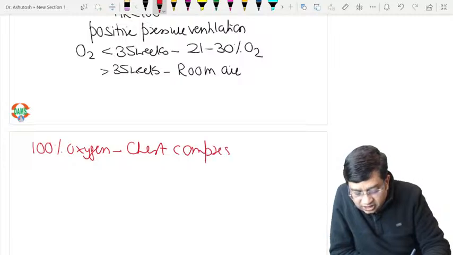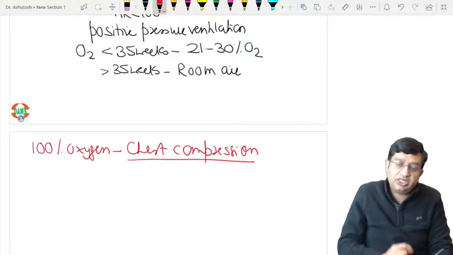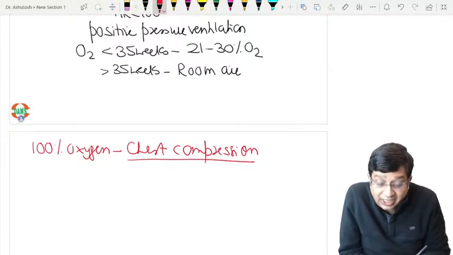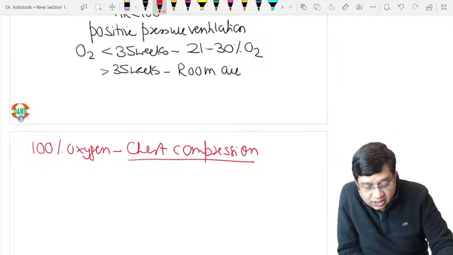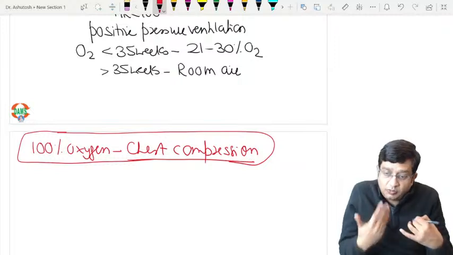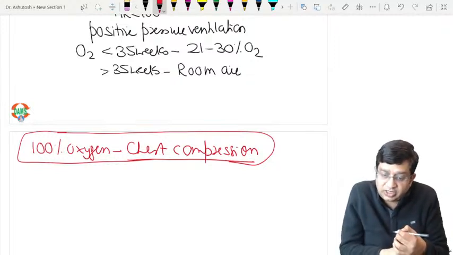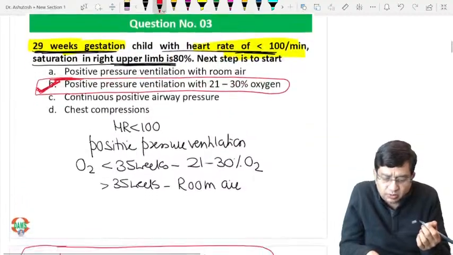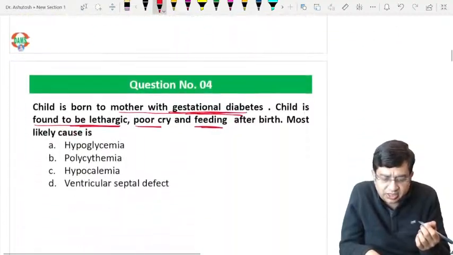If the heart rate is particularly less than 100, then we need to start positive pressure ventilation, right? So I hope ये तो question जिसने भी notes पढ़े definitely everybody must have marked correct.